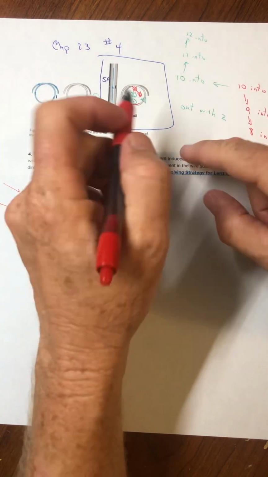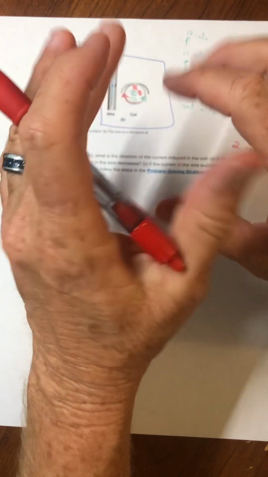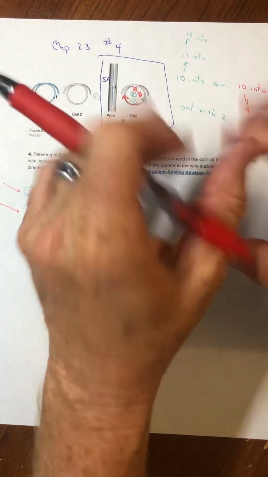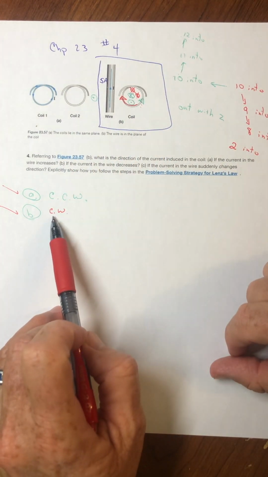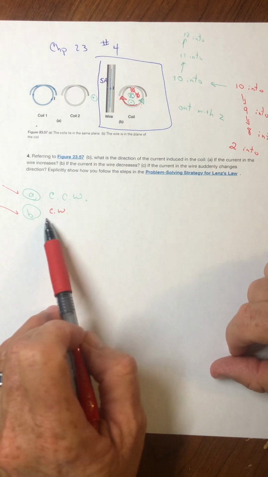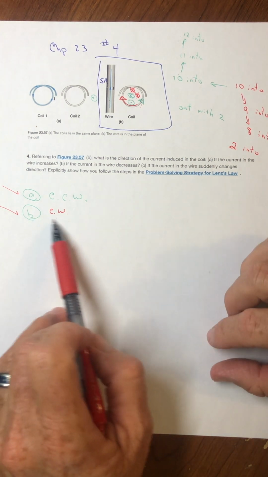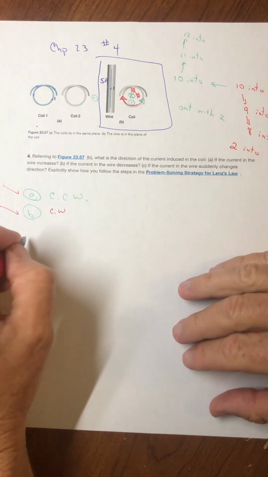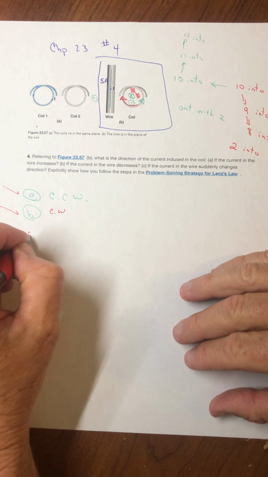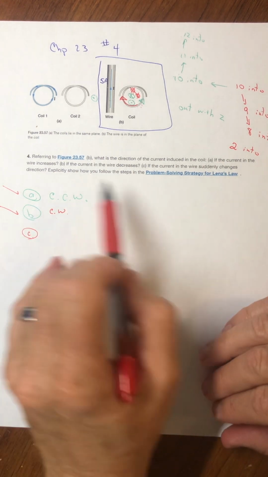So we want to generate a secondary flux that goes into it, again keeping it at 10. So notice that we're not saying that the induced flux is opposite to the flux that's already there. What we're saying is it opposes the change. It wants to remain where it was, okay? So there's A and B.